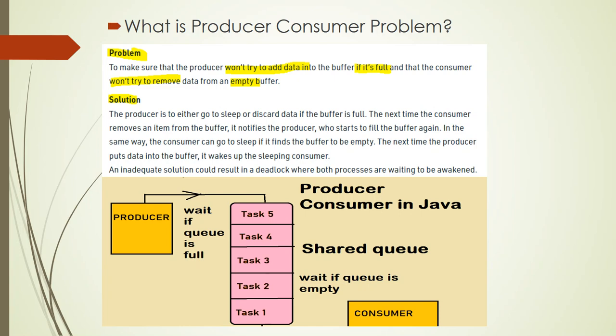If there is a collection in which some thread is inserting and another thread is retrieving, there could be an issue: the inserting thread will keep on adding even if the queue is full, and the consumer will keep retrieving even if the queue is empty. So in that case, what will happen? This is the problem actually.